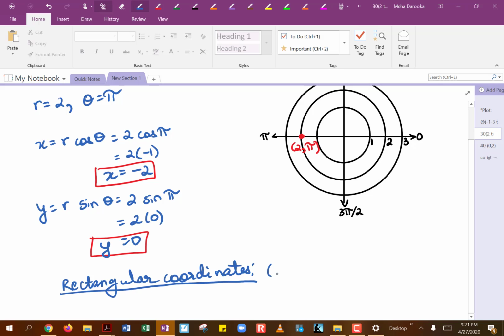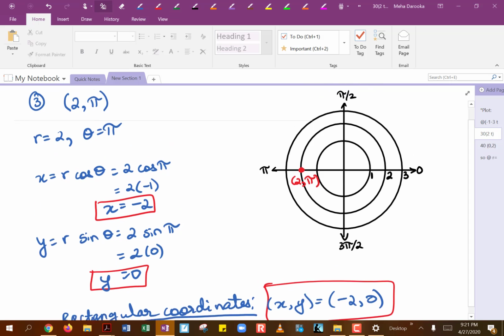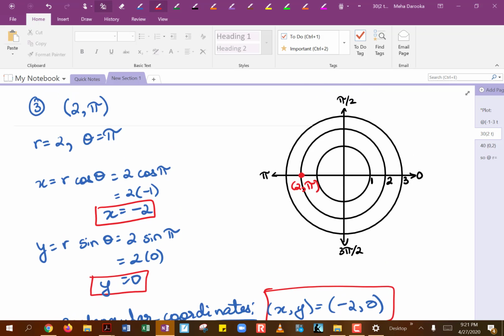And our rectangular coordinates x comma y is going to be -2 comma 0. And so if you think about this, if we coincide this with our, let's say this is our x-axis and this is our y-axis, and if this is positive 1, 2, 3, let's say this is -1, -2, negative 3.